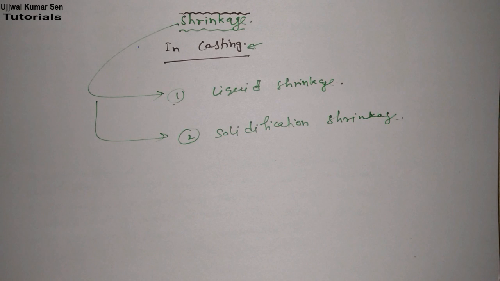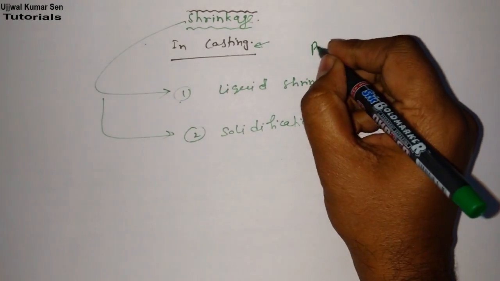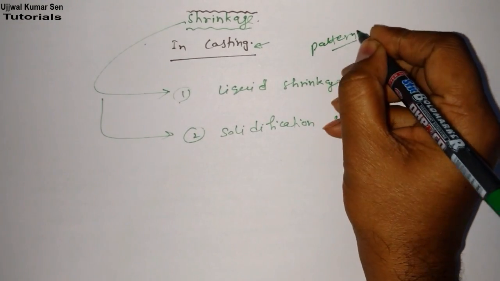Now why am I creating this video? To help you solve numerical problems or problems asked in GATE. If you are preparing for a university examination, then shrinkage is one of the types of allowance we study whenever we study about patterns.